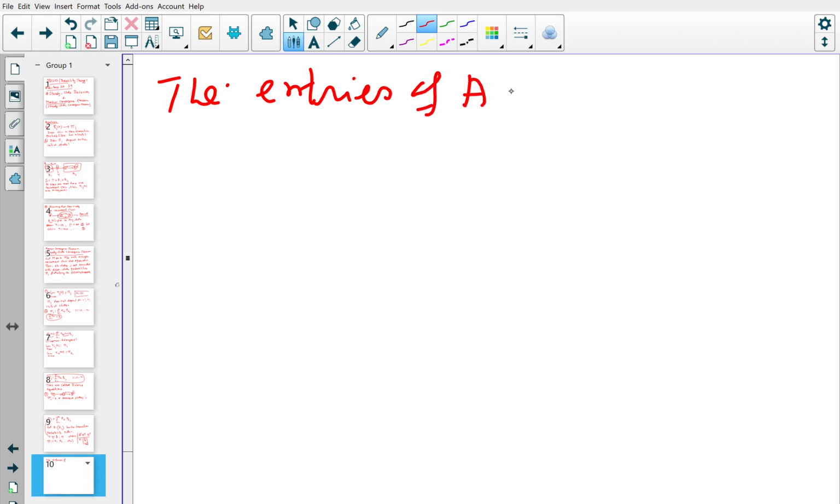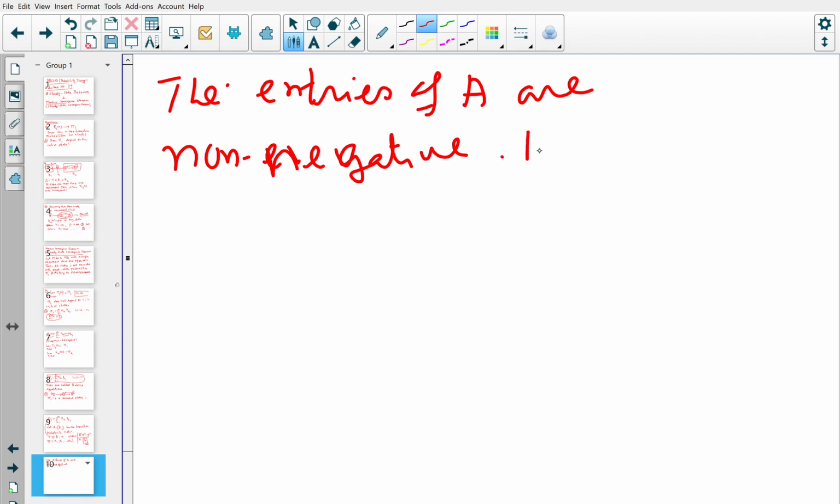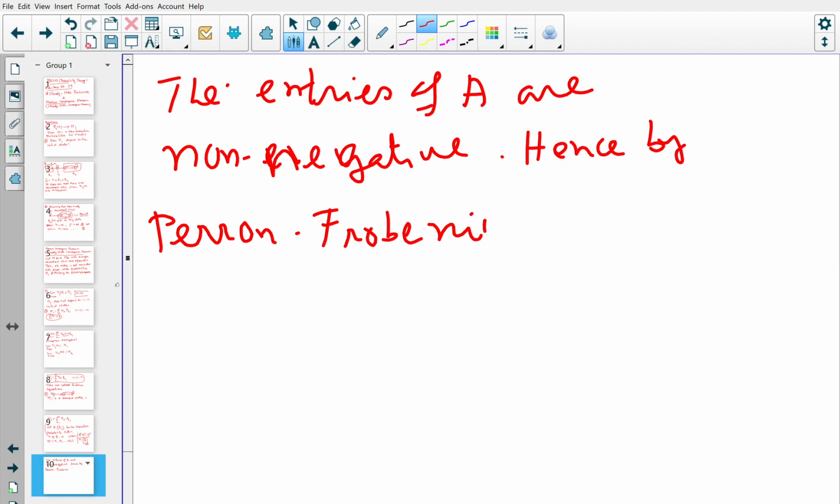Hence, you must have learned in linear algebra something called Perron's theorem. Hence, by Perron's theorem, the solution exists and is unique.